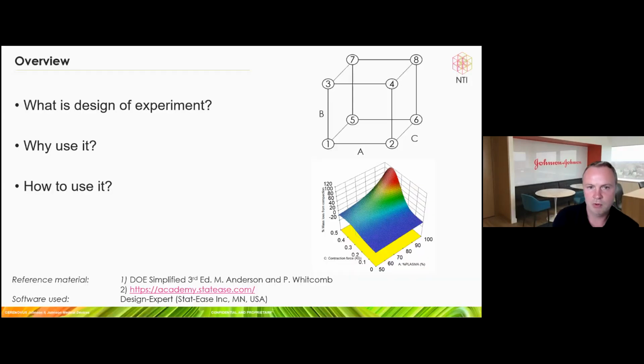So what I'm going to do is briefly go through what design of experiment is, why we would use this as opposed to our traditional way of doing bench experiments, and explain how you actually use it as well.